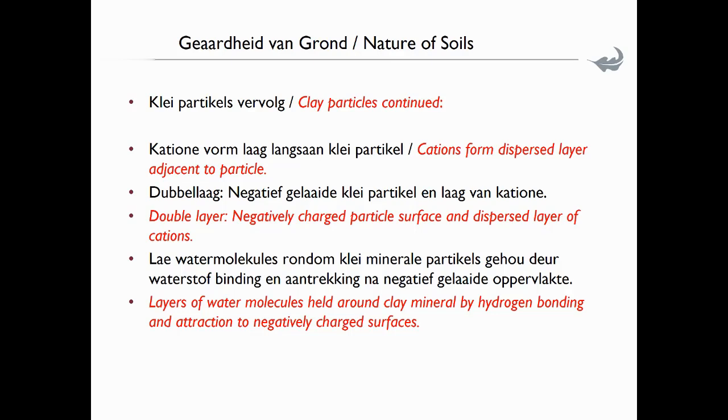So the cations form a dispersed layer adjacent to the particle. We'll see a picture just now. And you have a double layer, so you have a negatively charged particle surface and a dispersed layer of cations. And layers of water molecules are also held around the clay mineral by hydrogen bonding and an attraction to negatively charged surfaces.